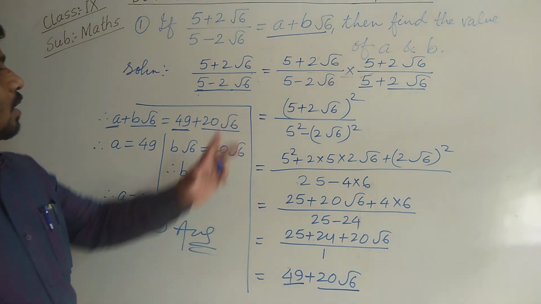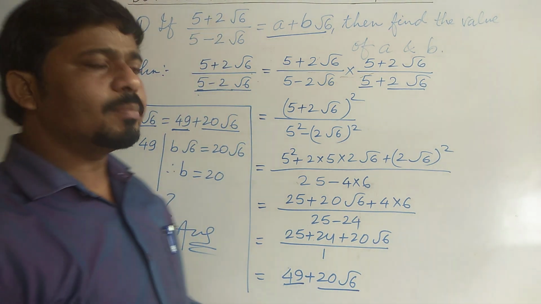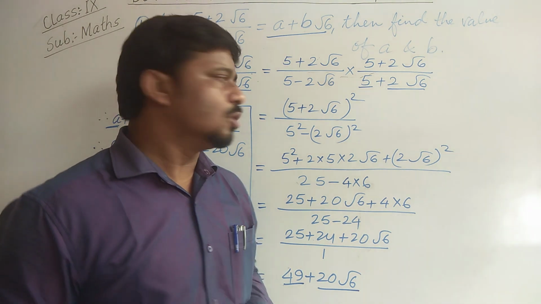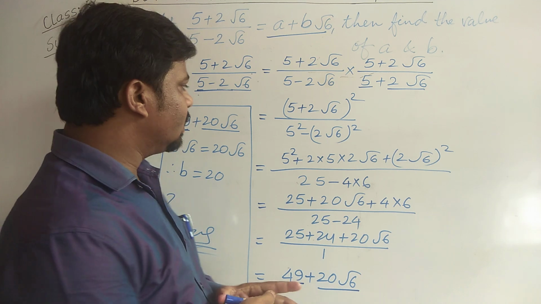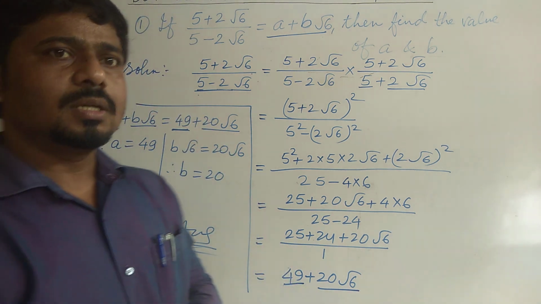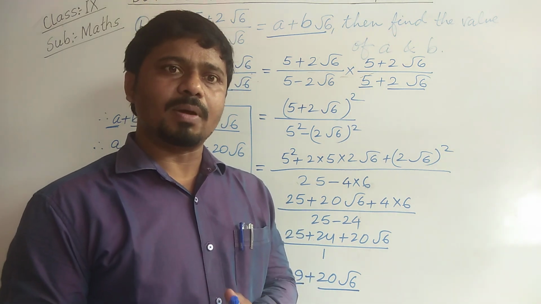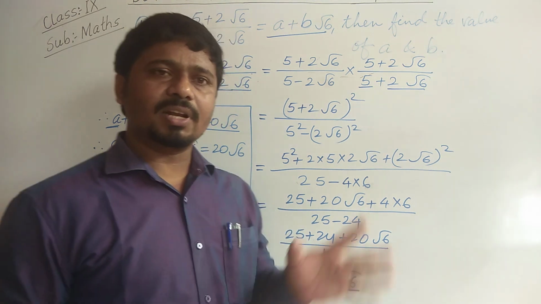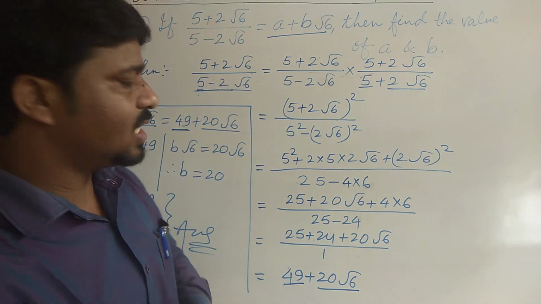So this is the process, meaning the process is only by rationalizing. So rationalize the denominator first, and here you see one thing: you have to remember algebraic identities. All algebraic identities you have to remember, and in another class I will give all the identities on the board, you will see.